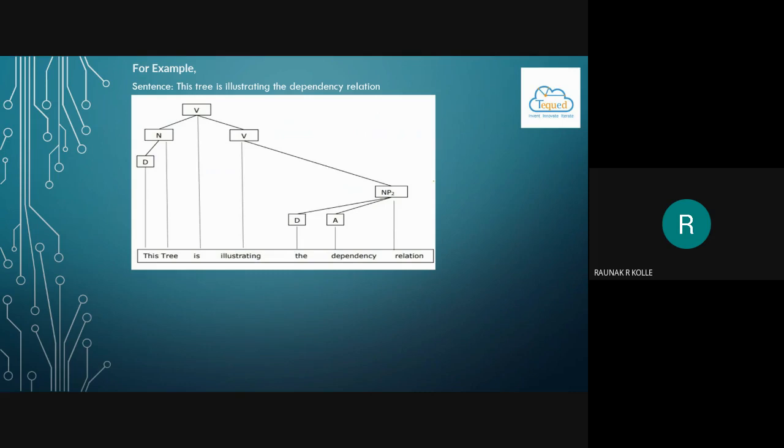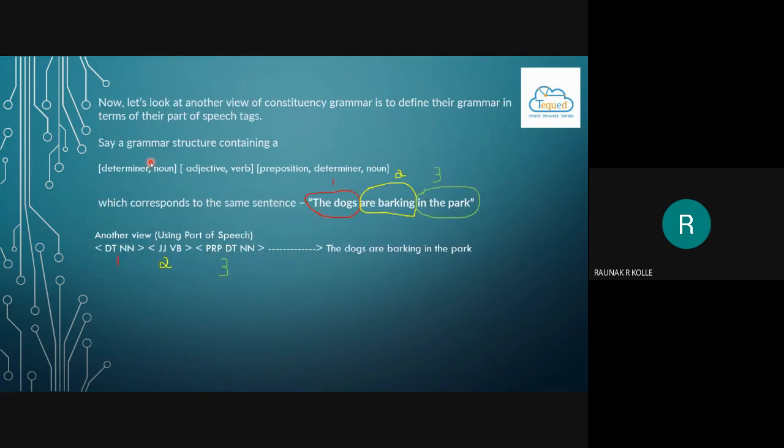For example, let us take the sentence, this tree is illustrating the dependency relation. We have the verb, followed by the noun and subverb. The noun is then further divided into a descriptor, or as we had learned earlier, determiner.